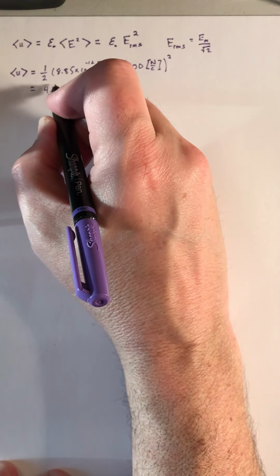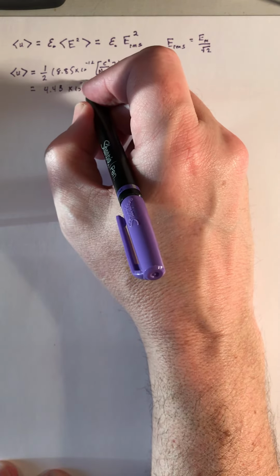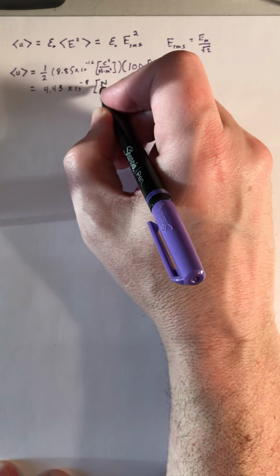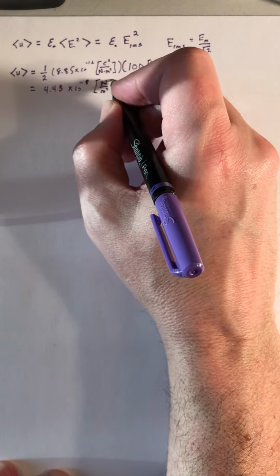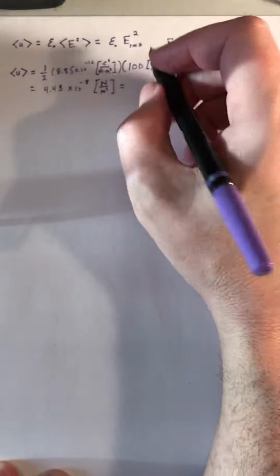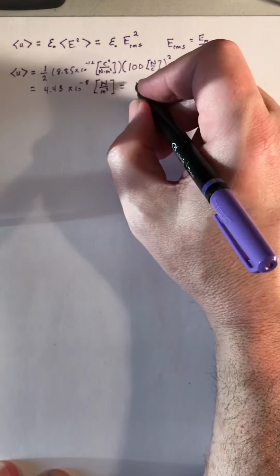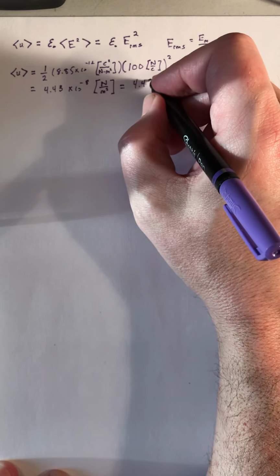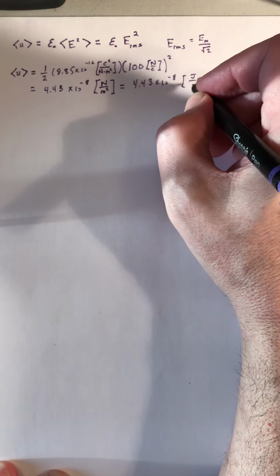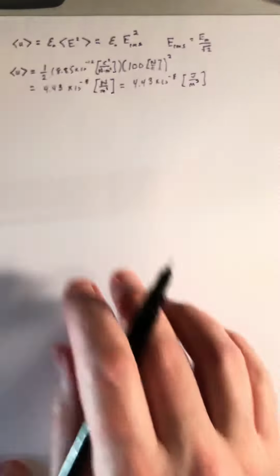It'd be 4.43 times 10 to the minus 8. And this will work out to be Newton per meter squared, which for an energy density would make more sense if we multiply the top and bottom by a meter for the units. So that will give us 4.43 times 10 to the minus 8 joules per meter cubed, because a Newton meter is a joule.